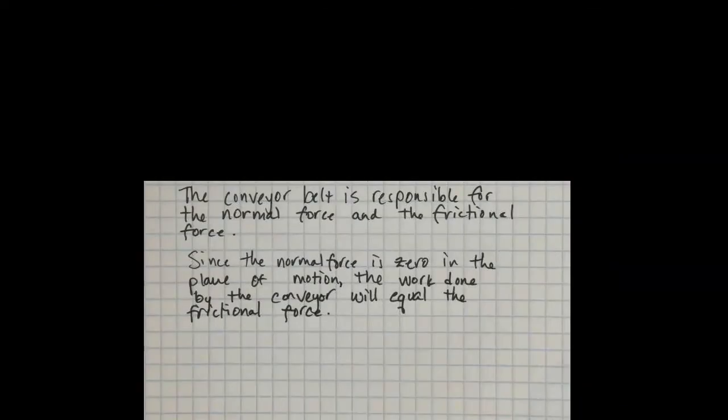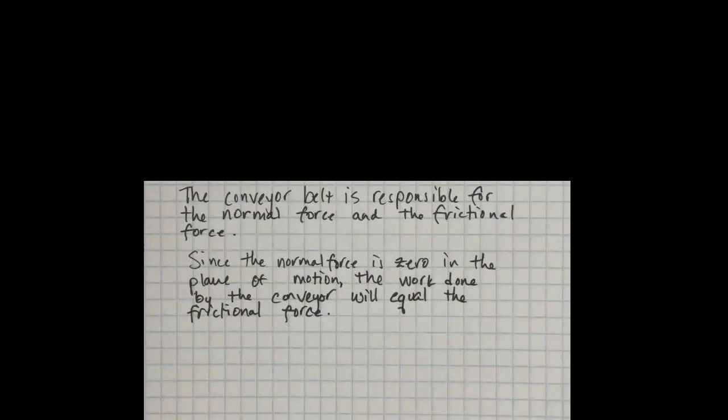So just note that. The last thing is the force of the conveyor belt. Now, this really kind of threw me for a loop because the conveyor belt is responsible for the normal force and the frictional force. But we already said that the normal force isn't contributing to any work that's being done. And that's okay. So we would say that the force that the conveyor belt is applying is the normal force plus the frictional force.